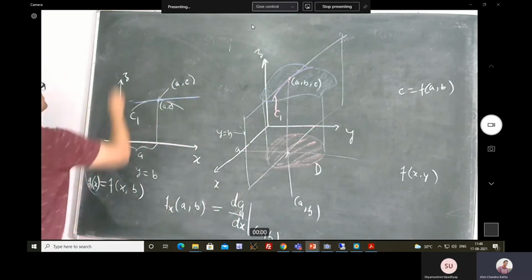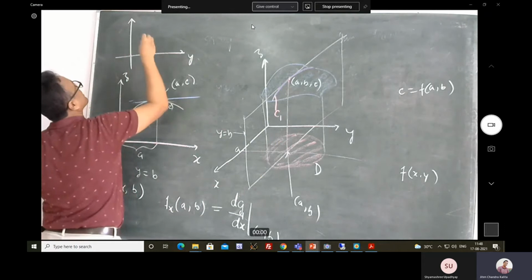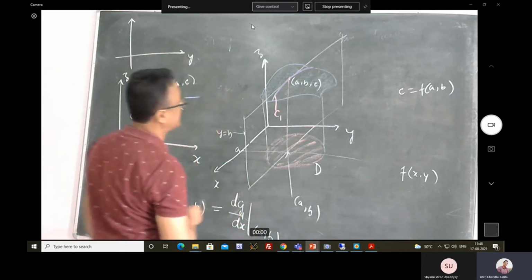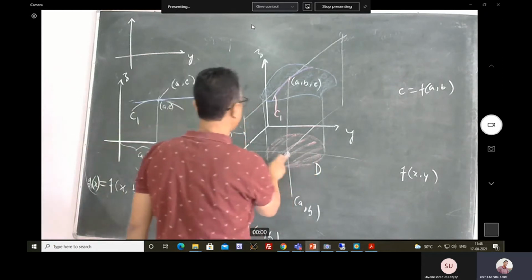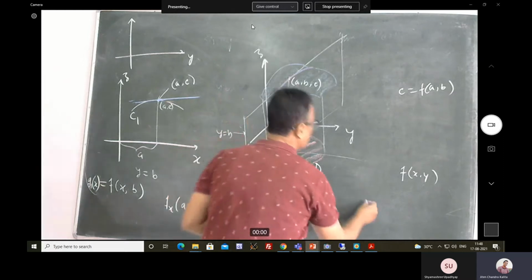Similarly, you can consider another plane passing through (a, b).